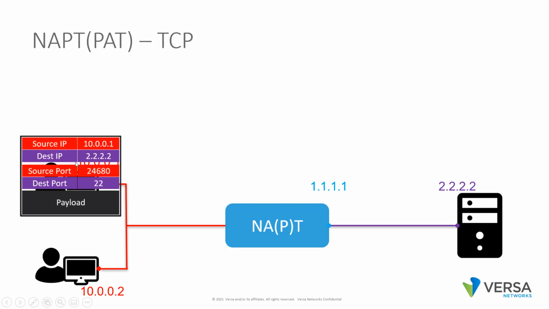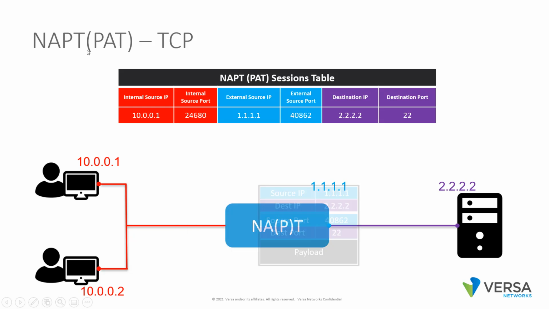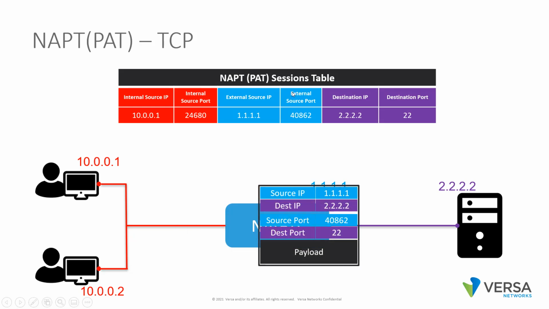The packet will reach the network address port translation device, and on the NAT the system will create the translation table in which it will have the IP address of the internal user 10.0.0.1 with the original port with which the connection was opened, then the external IP address to which we're translating it.